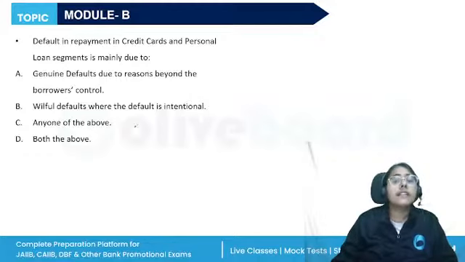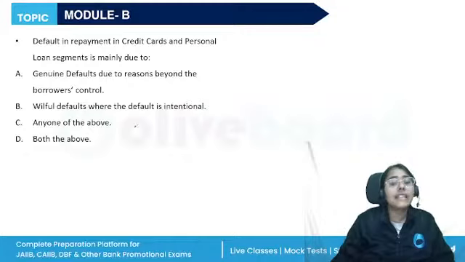Then, default in the repayment of credit cards and personal loans is mainly due to banks facing huge amounts of NPAs and defaults on the credit that they create, and it is an issue. But here we are asking, the default can be of which type? Can it be a genuine default due to reasons beyond the borrower's control?